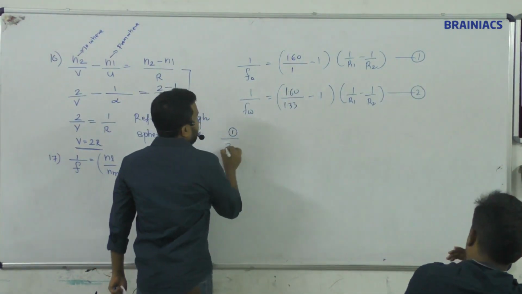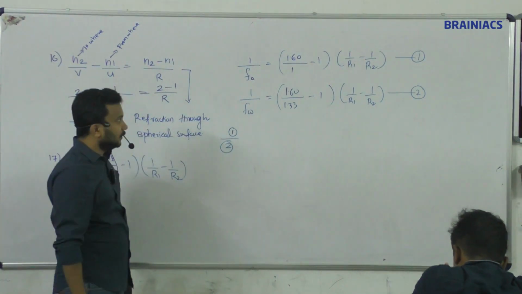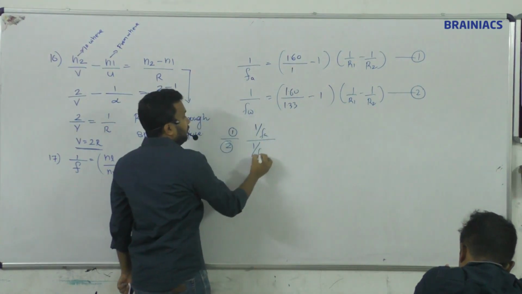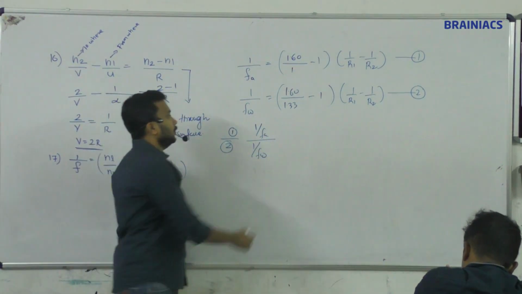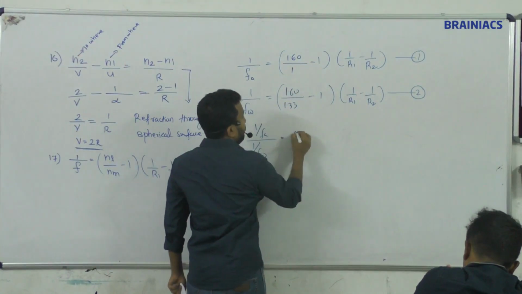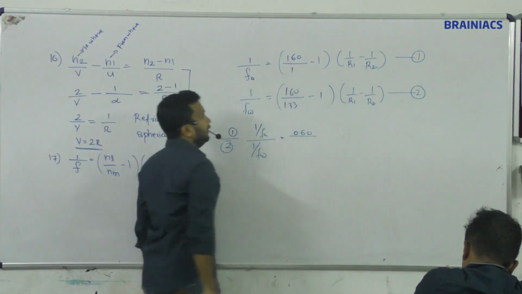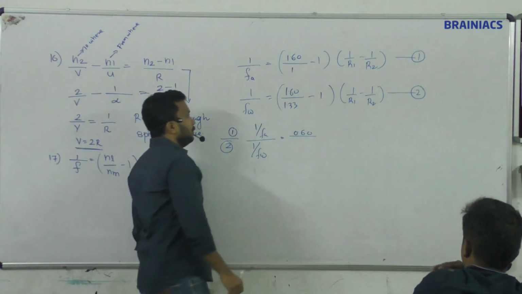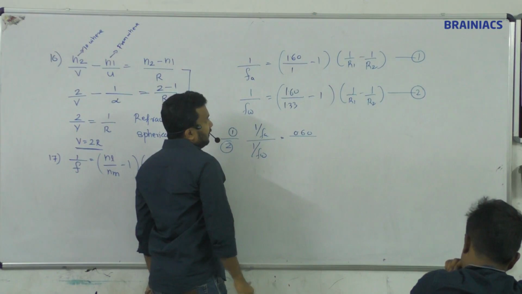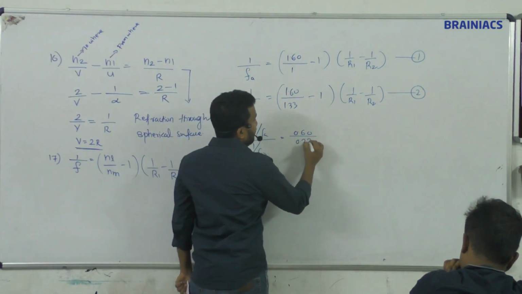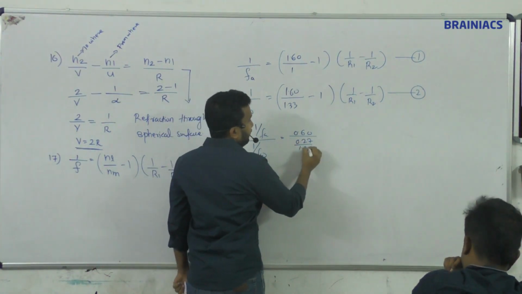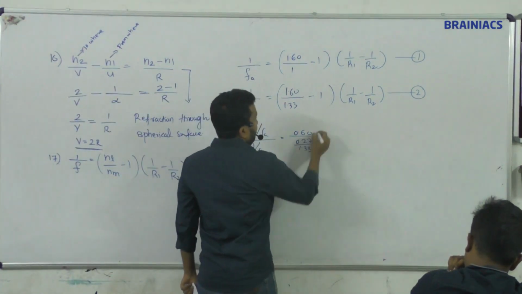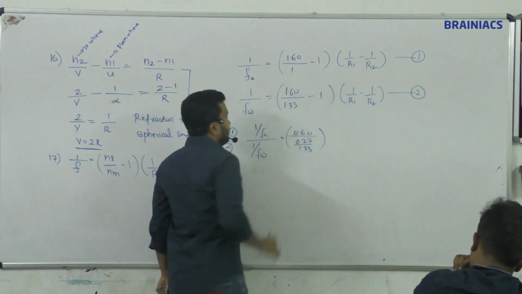Equation number 1 divided by equation number 2. What will come? 1 divided by FA whole divided by 1 divided by FW is equal to 0.60 whole divided by, this is 1.60 over 1.33 minus 1, 0.27 divided by 1.33. Correct? Okay. These two things get cancelled. That's all.